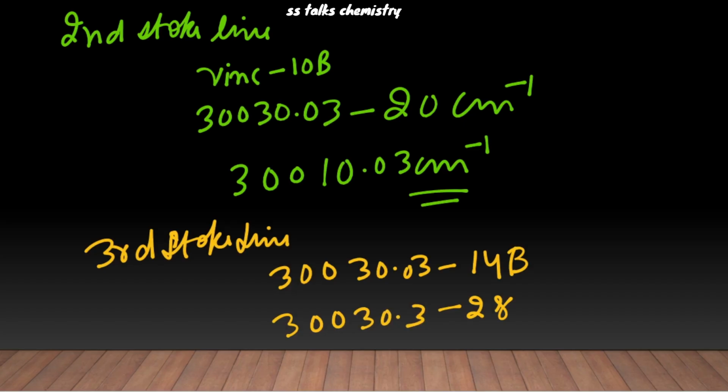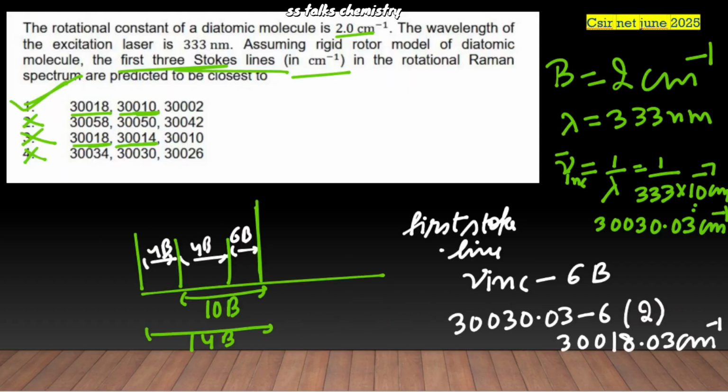It will become 30002.03 centimeter inverse. So this value you are getting is 30002. Again you see 30002, only the first option is matching. Okay, so I hope it's clear.